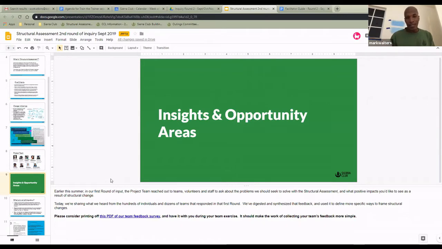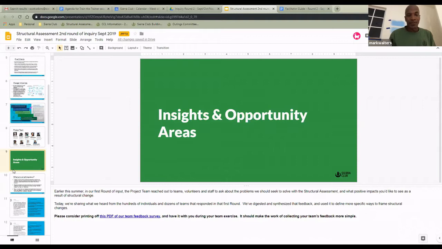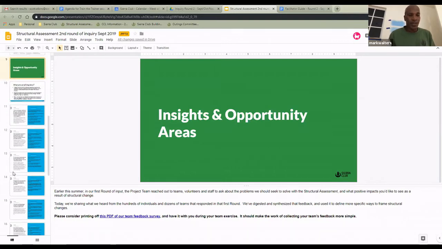That helps to ground you and gives you a sense for why we're doing this and some of the things that we have been charged with making sure are included in our considerations. We have also made sure to include a printable version of the feedback form, which you may want to have as you're going through this exercise with your team. It just makes it a lot easier. And at the end of your session, you can either collect them and send that in to us. Yes, that's what we'd like for you to do.